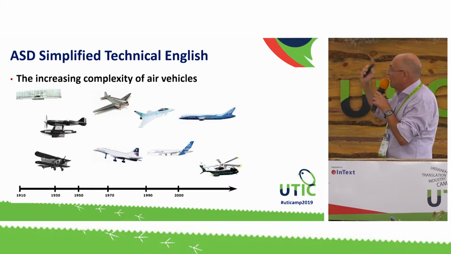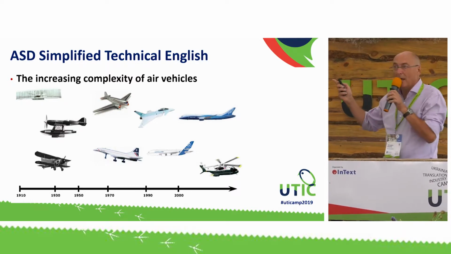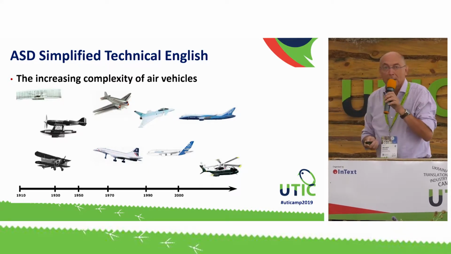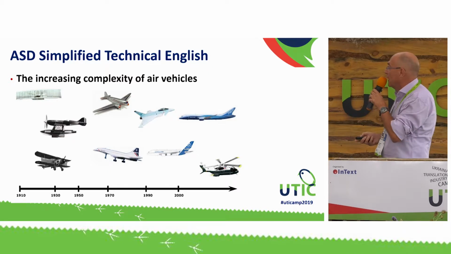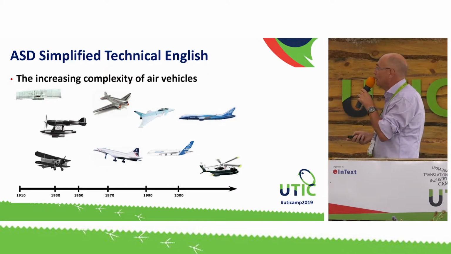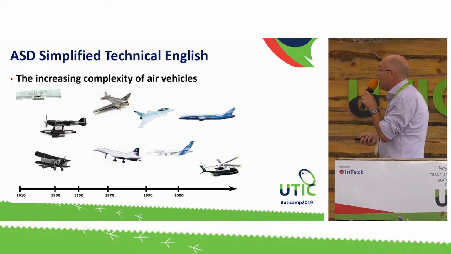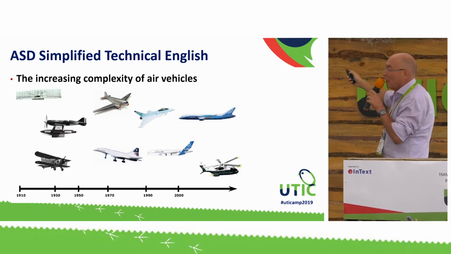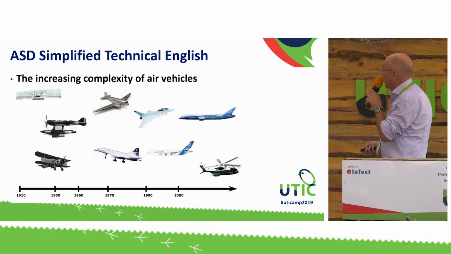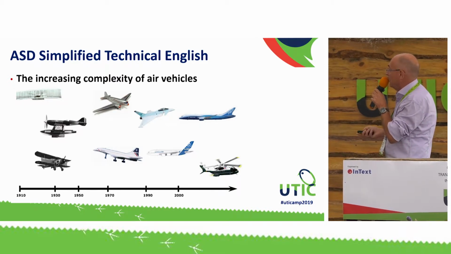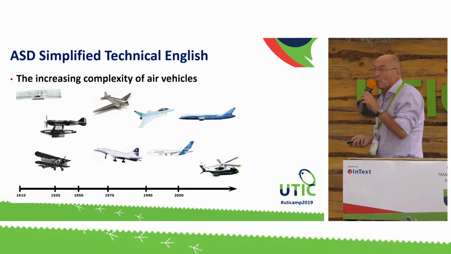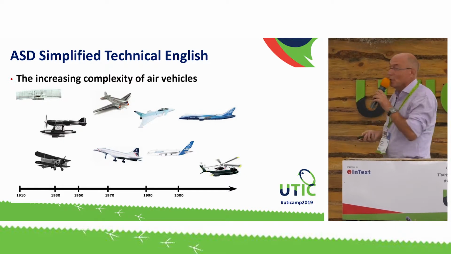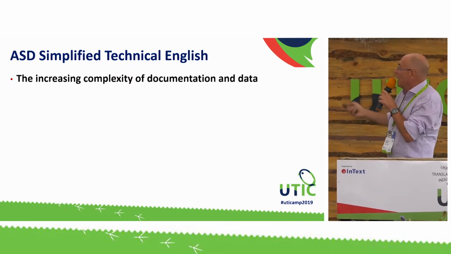You can see the very first aircraft that flew in 1910, the Wright brothers airplane, and you can compare the more modern ones up to now, including the big ones, the Airbus A380, and also more sophisticated helicopters.